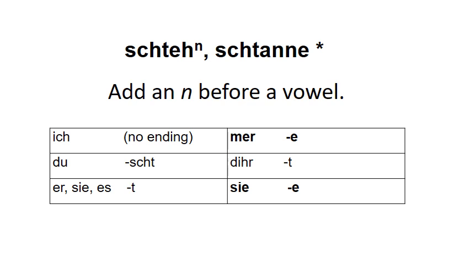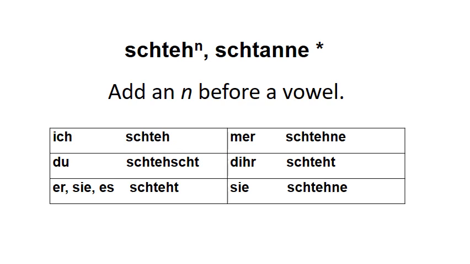Now, like we saw with geloven, geglopt, there are only two places in the present tense that have a vowel ending, and that's the first person plural, ma, and the third person plural, sie. So the ma form and the sie plural form. As a result, stay, staan in practice looks like this. Ich stay, no ending. Du stehst, our regular ending st. Sie steht, our regular ending t.